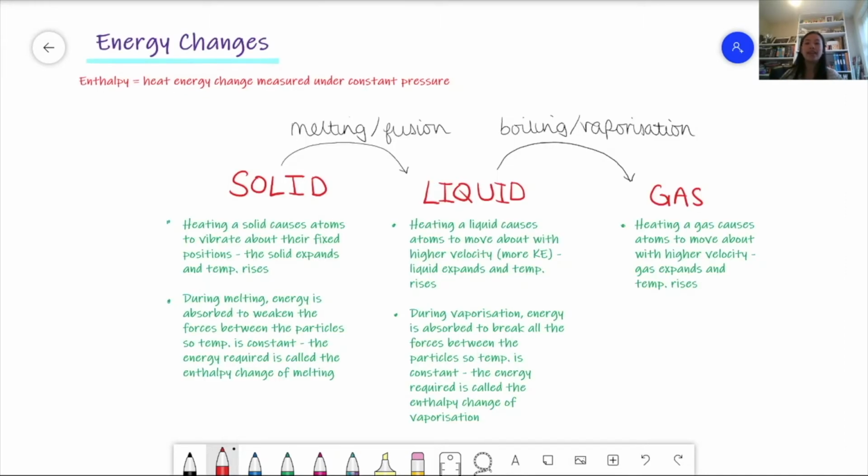So now we're going to look at some energy changes. The term enthalpy just means the heat energy change, which is measured under constant pressure. Going from a solid to a liquid, the solid gets heated, and initially it causes the atoms to vibrate about their fixed positions, and the solid expands because of this, and the temperature rises.